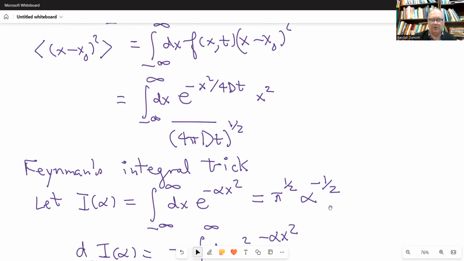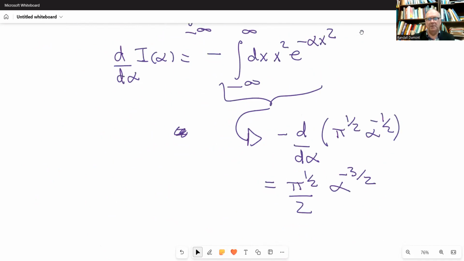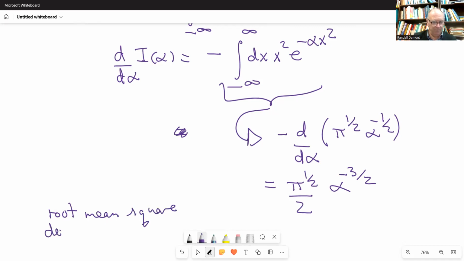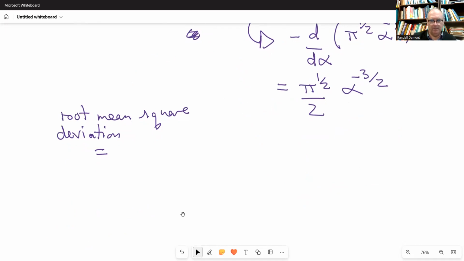So the root mean square deviation from the average x equals the square root of this average that we're doing.